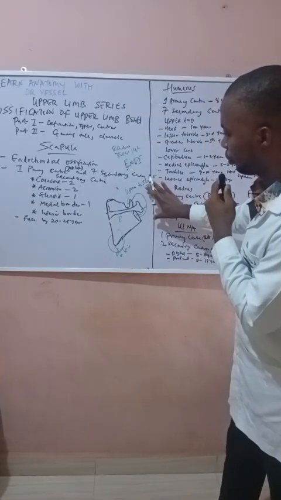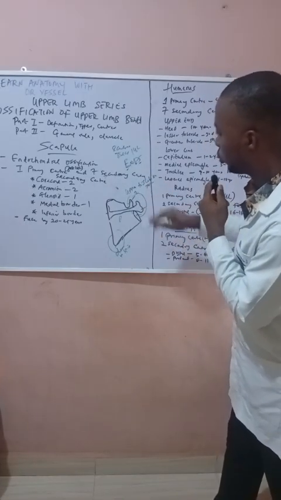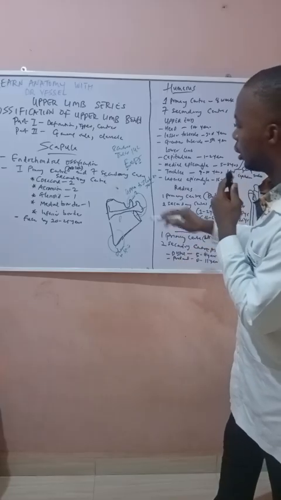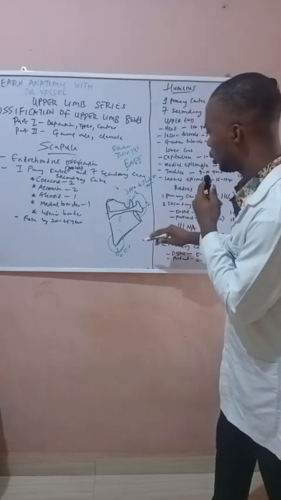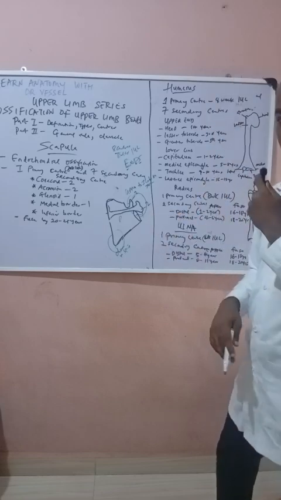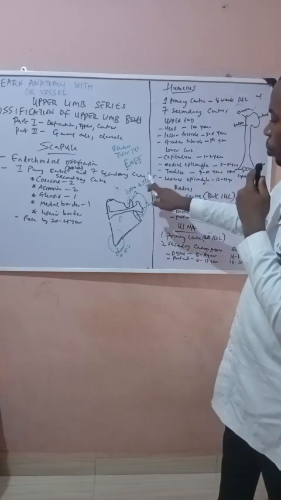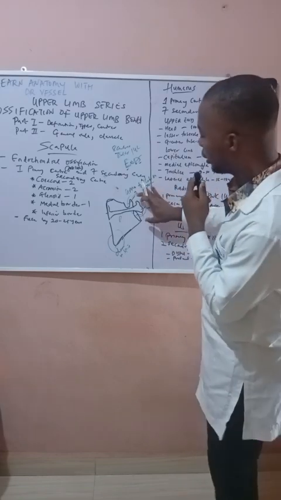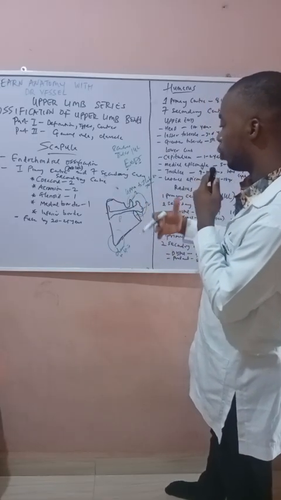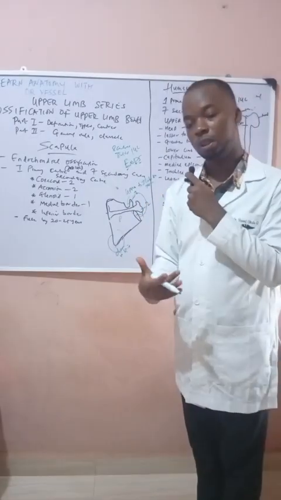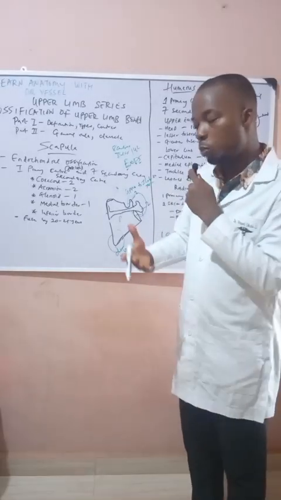The coracoid has 2 secondary centers, the acromion has 2 secondary centers, while the glenoid cavity has 1 secondary center. These parts I just circled are the parts that articulate with the humerus to form the shoulder joint. That's why I said up to the shoulder joint.